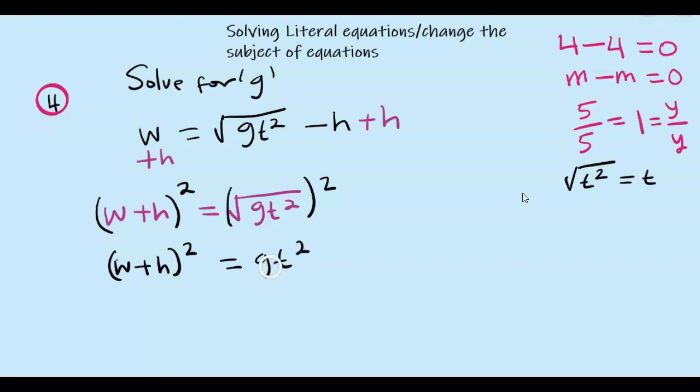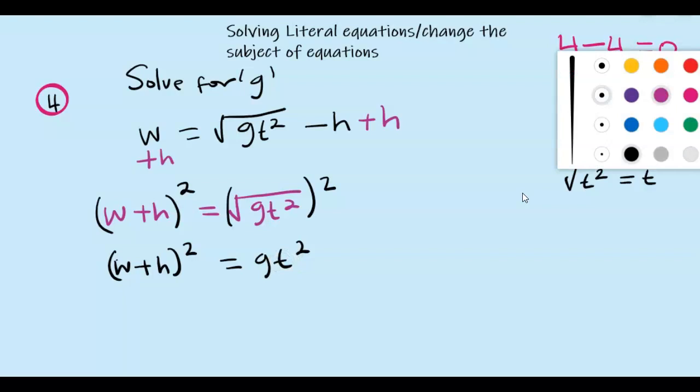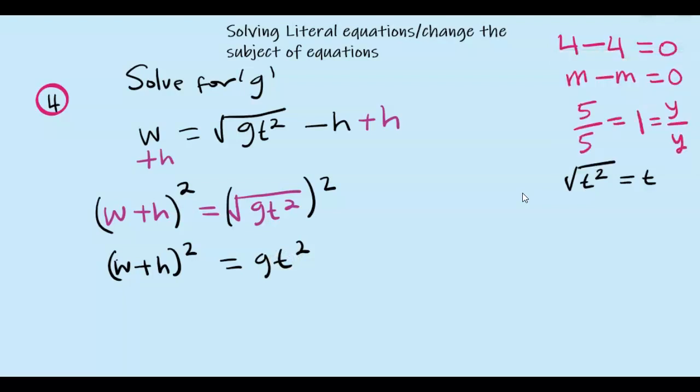Now we want to solve for g, not g t squared. It's being multiplied by t squared, so we need to get rid of the t squared. For us to do that, we will divide here by t squared, and we'll repeat the same thing here. So t squared will turn into 1, goes away, and then we got that.